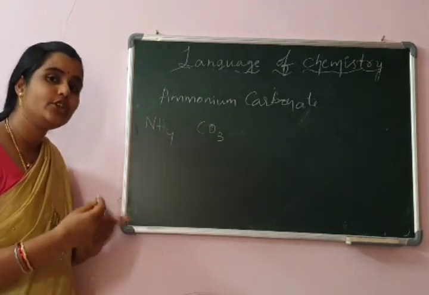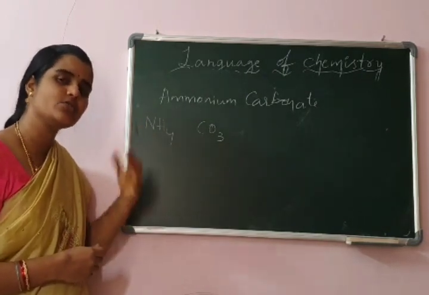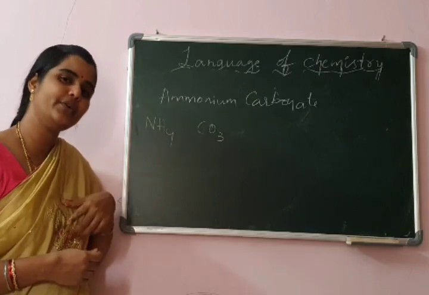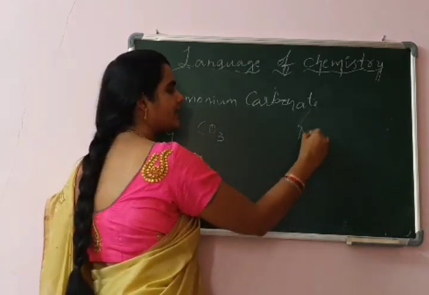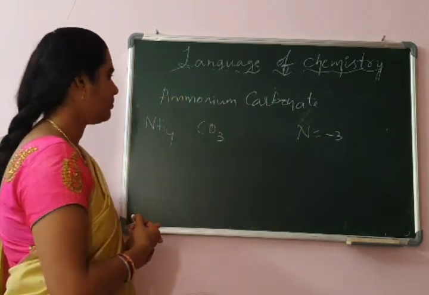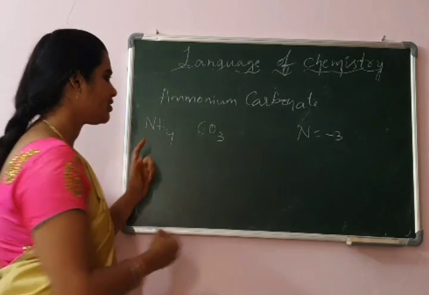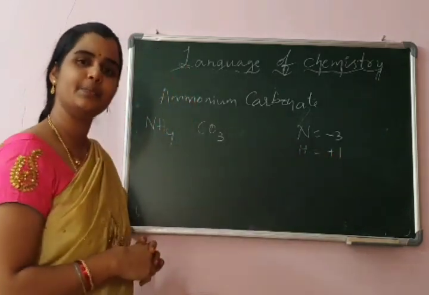Now, the second step is you have to write the valences. If you don't know the valences of these compound radicals, how do you calculate? So, you know the valency of nitrogen is -3 and hydrogen is +1.